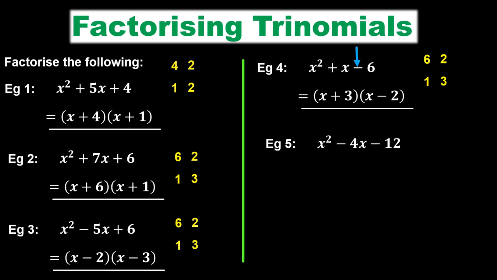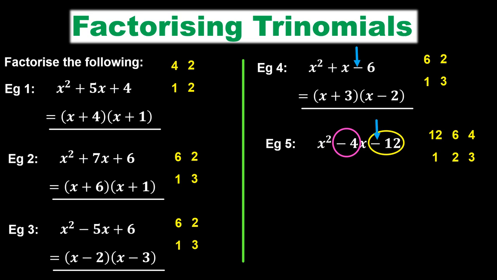Let's try another example where we have a negative at the end. This time we're looking for our factors of 12. Our factors of 12 will be 12 and 1, 6 and 2, and we've got another one, 4 and 3. Now, because of the negative, we need to find the set of numbers that will subtract to give me 4. We're not going to worry about the negative at the moment.